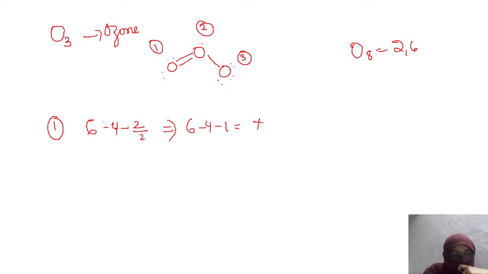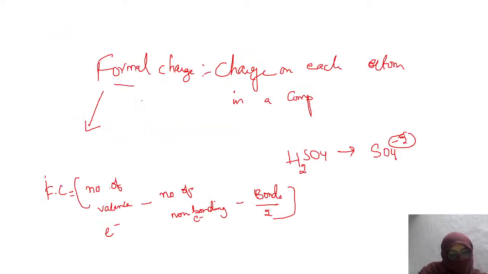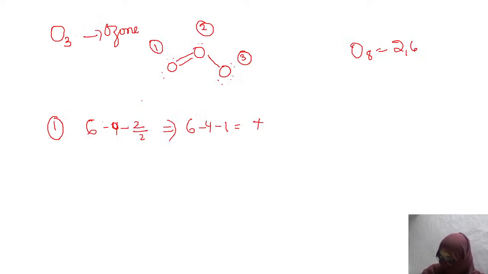Wait, let me check this. I wrote valence electrons minus non-bonding electrons minus bonds by 2, right?